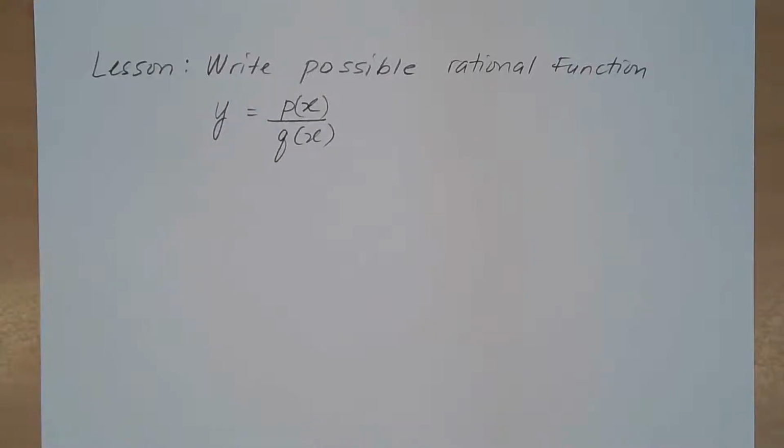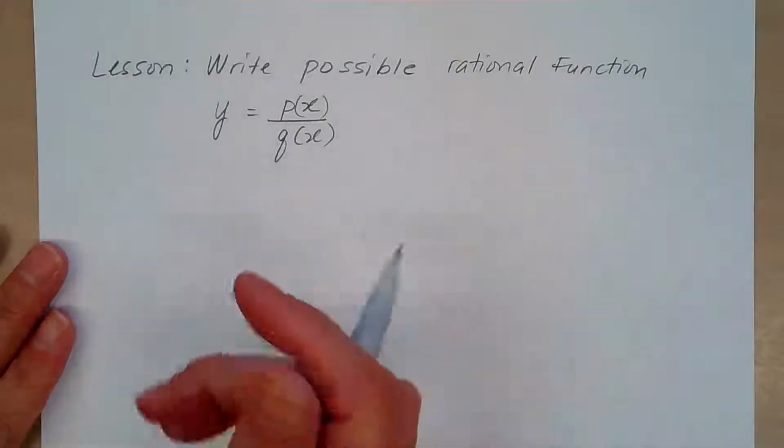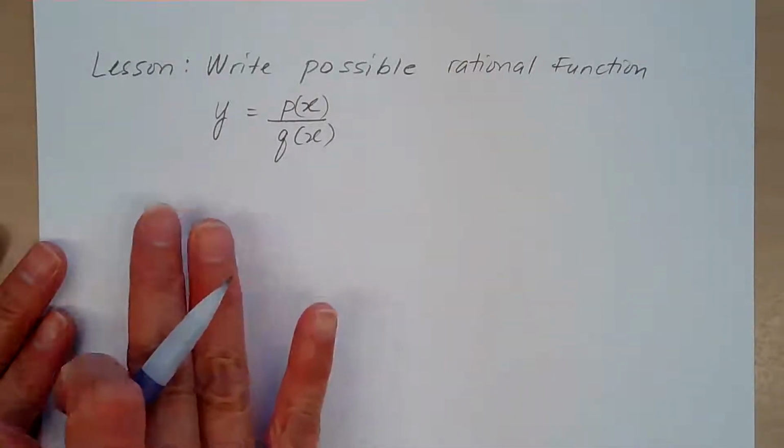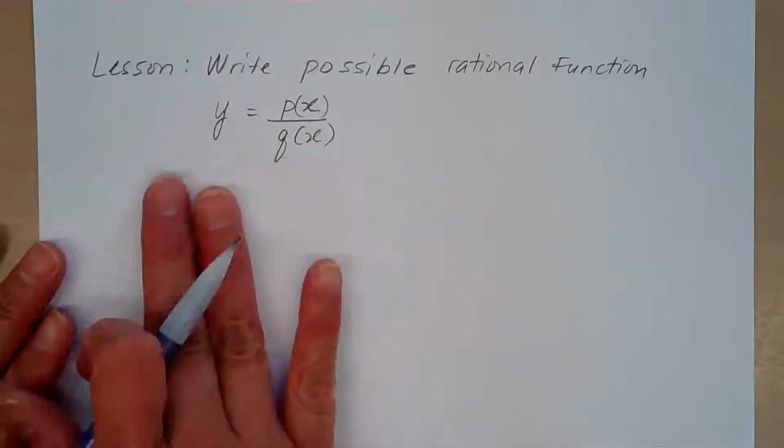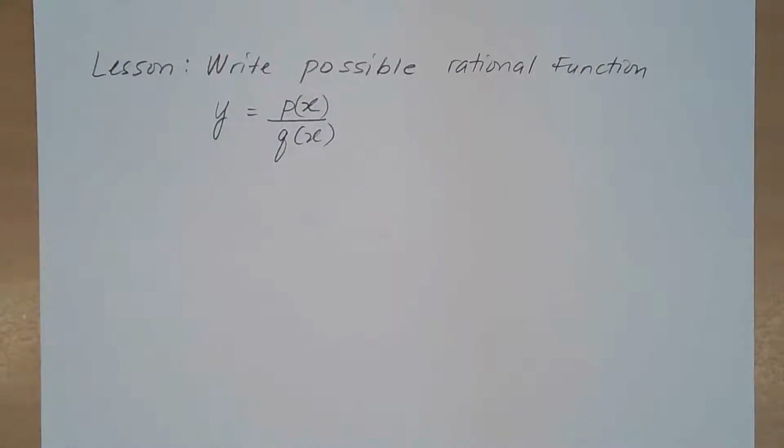So in the past, what we've done is we were given an equation, a function, and then we were supposed to figure out the vertical asymptote, horizontal asymptote, hole, x-intercept, y-intercept, and then graph it, right?